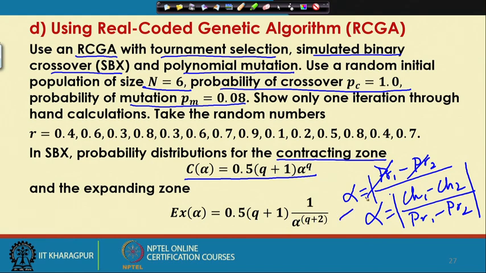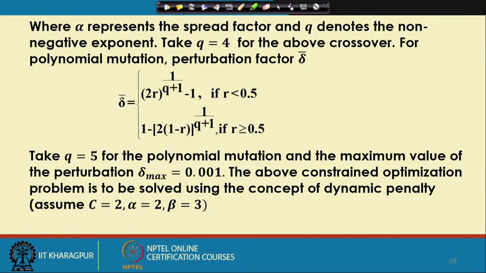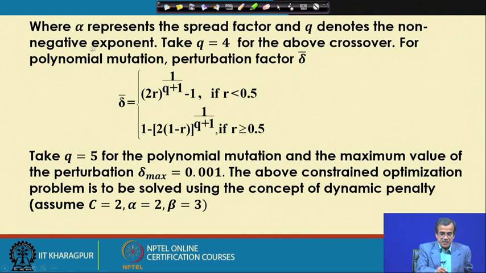So, this is the expression for the expanding zone. Using these expressions, I will have to define the probability distribution of creating the children solutions from the parents, which I am going to discuss in much more detail after some time. Here alpha represents the spread factor, as I told, and q is a non-negative exponent. We take q equals 4 here for the crossover.